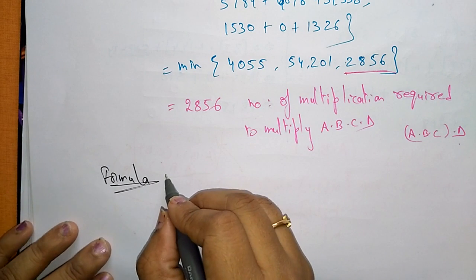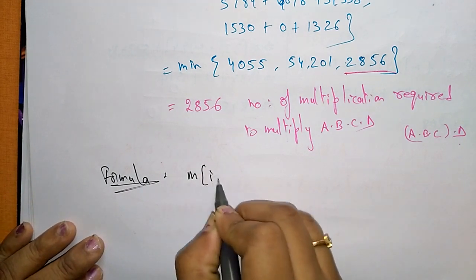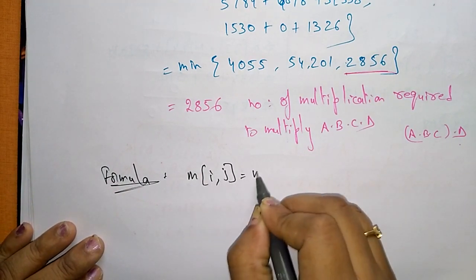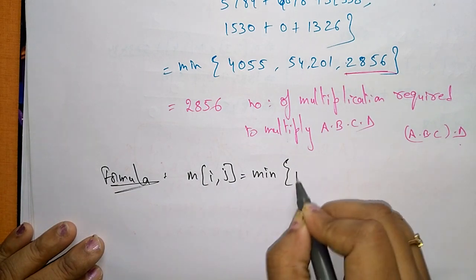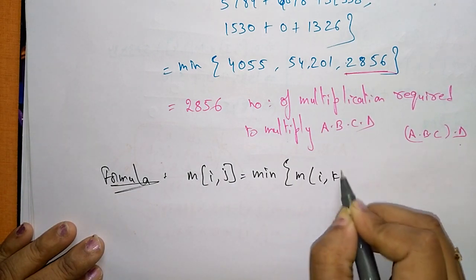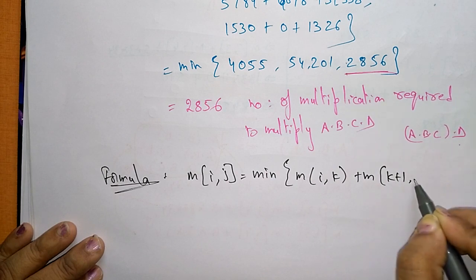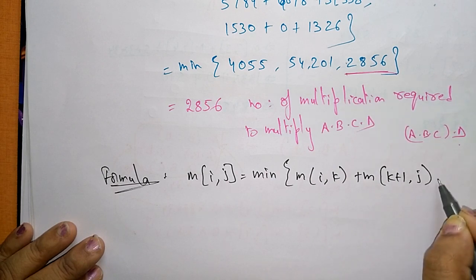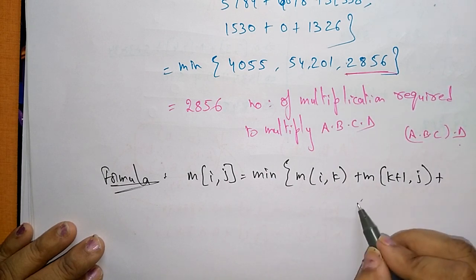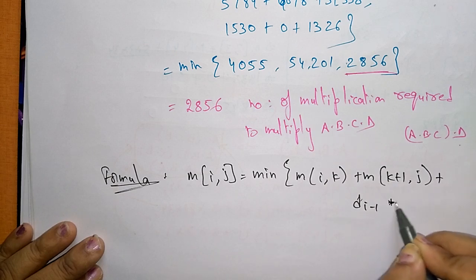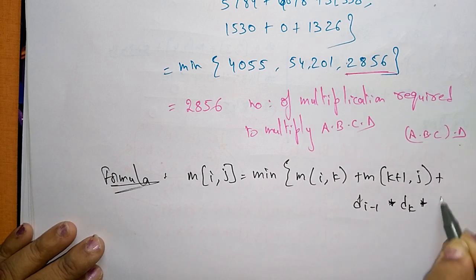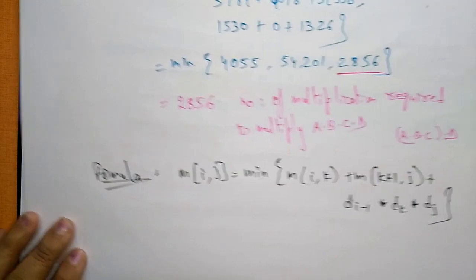So I applied the formula like M of I comma J is equal to minimum of M of I comma K plus M of K plus 1 comma J plus D of I minus 1 into D of K into D of J. So this is the formula.